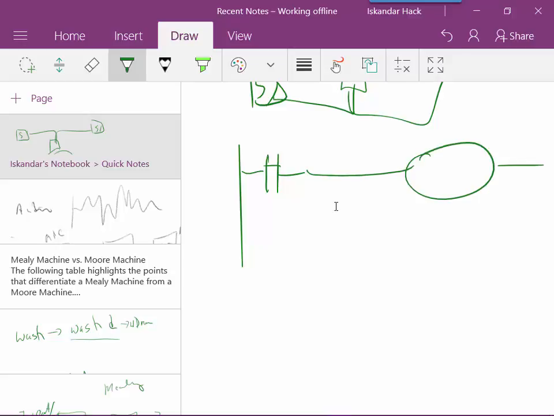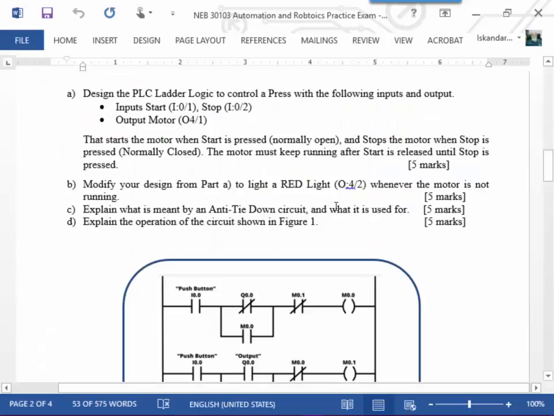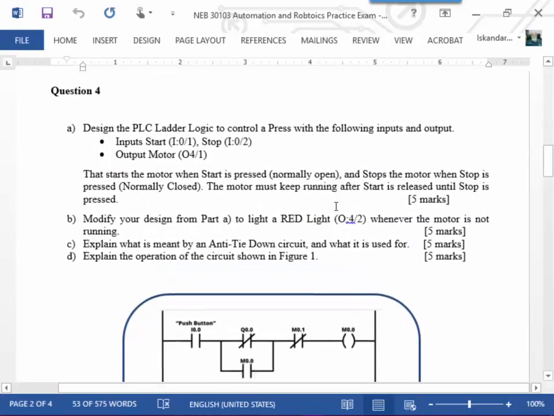Here's our motor. You put the appropriate contact, and then we put our motor in parallel with it. And there's our start, and then we also put our stop button. There's our stop button.